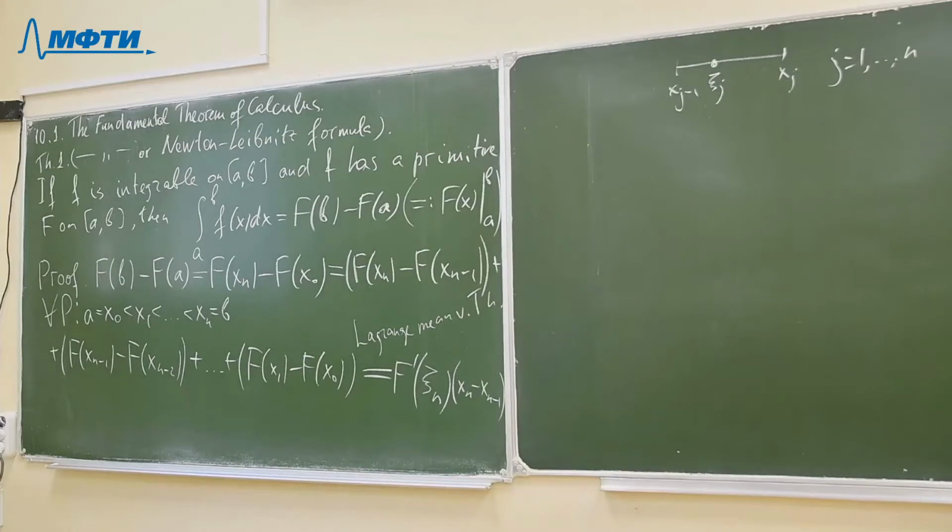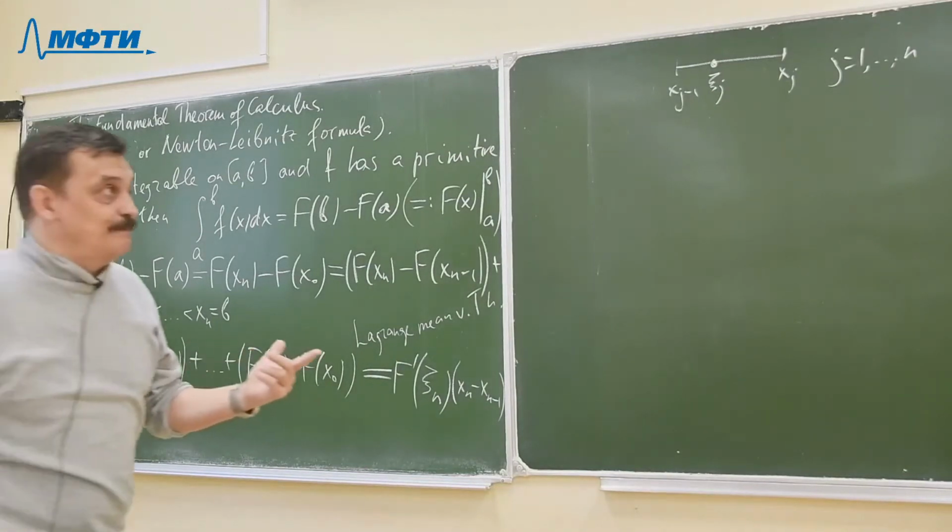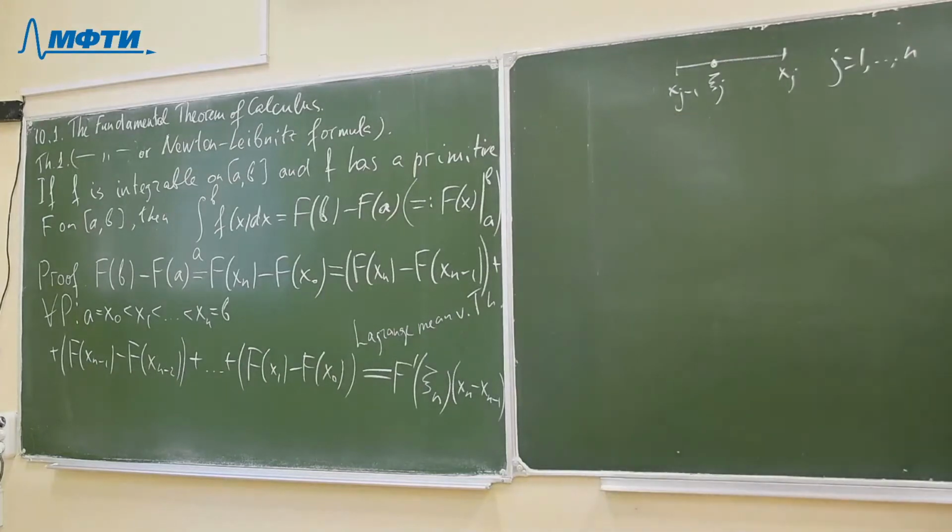That is precisely the Lagrange mean value theorem. Remember, if I apply it to capital F, F of d minus F of c equals F prime at xi times d minus c.